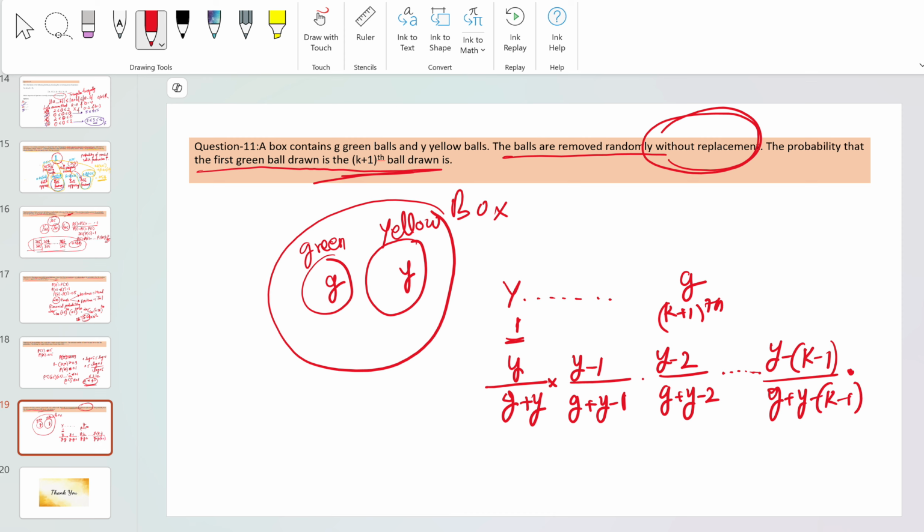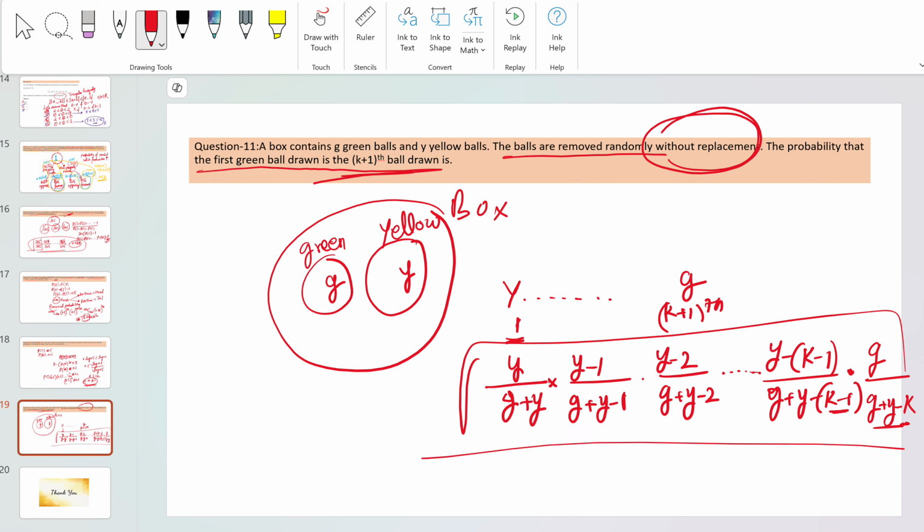Then getting the green ball is G divided by (G plus Y minus k). So this will be the overall probability of getting the green ball at the k plus 1th draw.